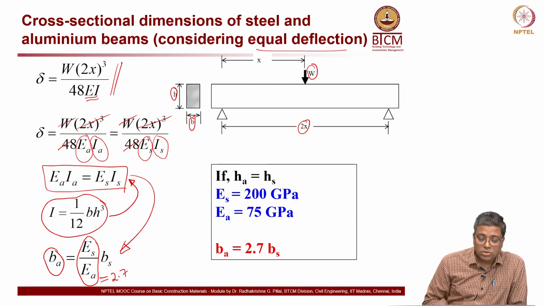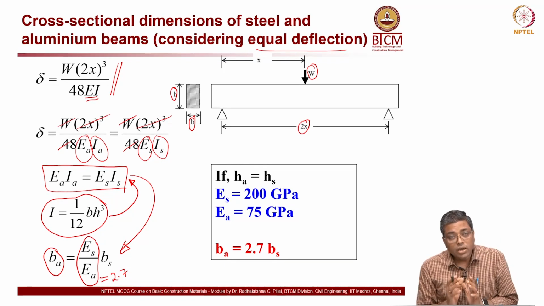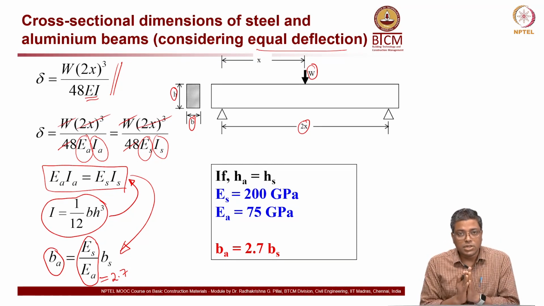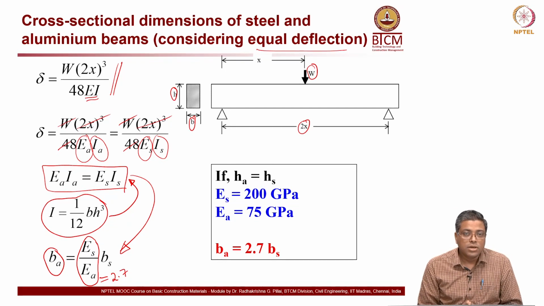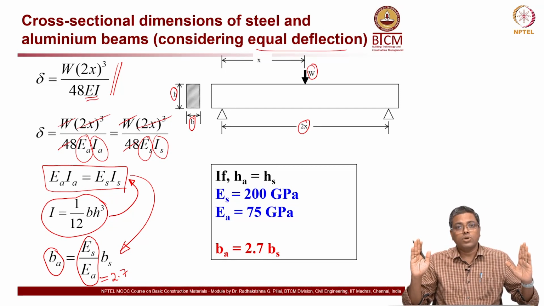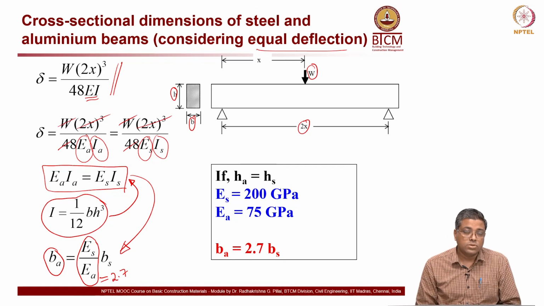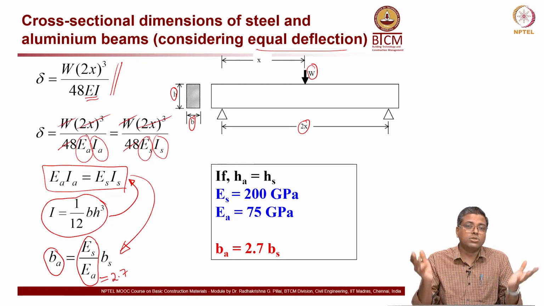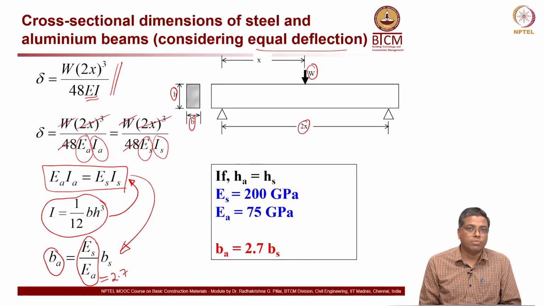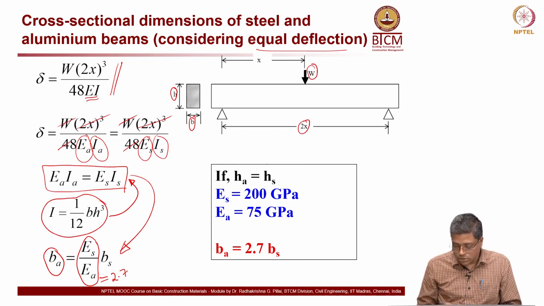So, what does this mean? If I replace a steel section with an aluminum section, I will have to go for 2.7 times the width. So, the aluminum section will be almost 3 times more in volume. That is one reason, and also it is costly. So, it is not really good for structural applications.